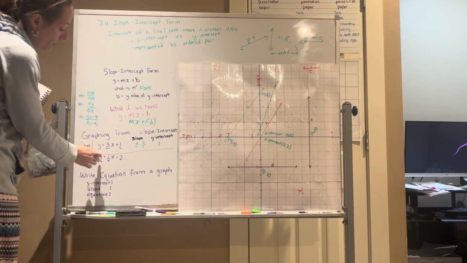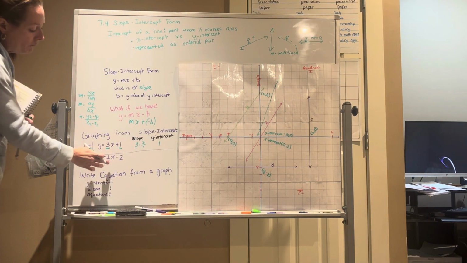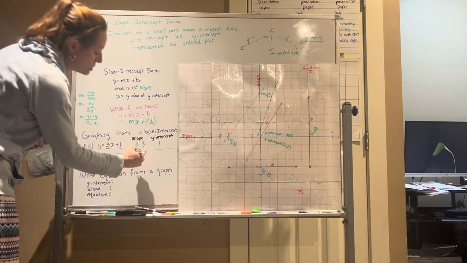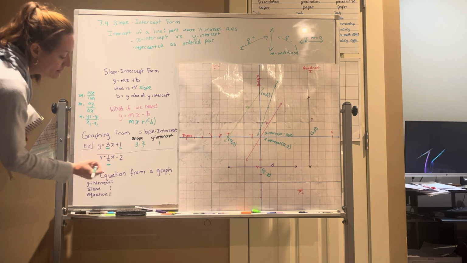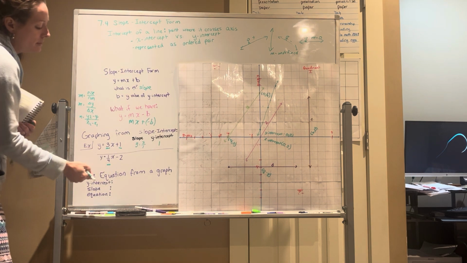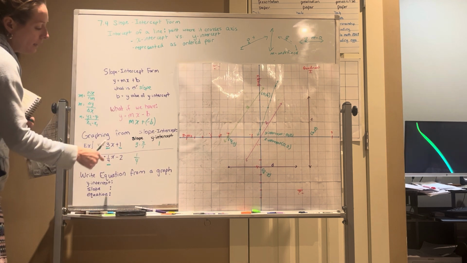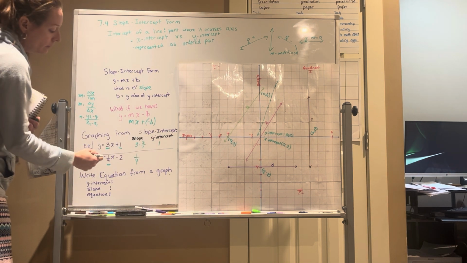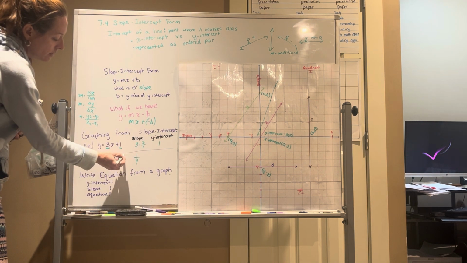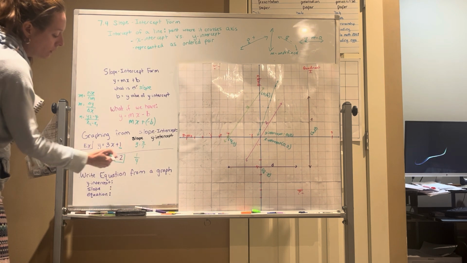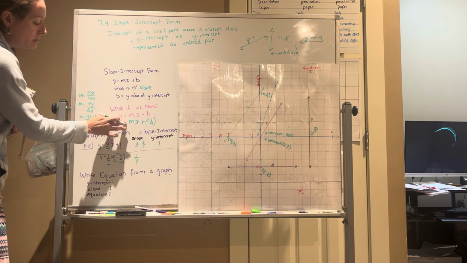All right, for this example, y equals 1/4 x minus 2. Our slope is that coefficient of x, 1/4. And our y-intercept is -2. Don't forget this part.